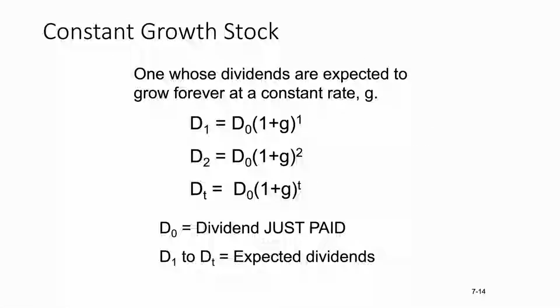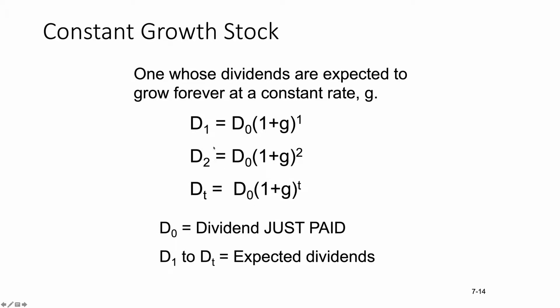The second one is the constant growth model. The company's dividends are expected to grow forever at a constant rate G, let's say G equals 10%. Now, let's get used to the index numbers.